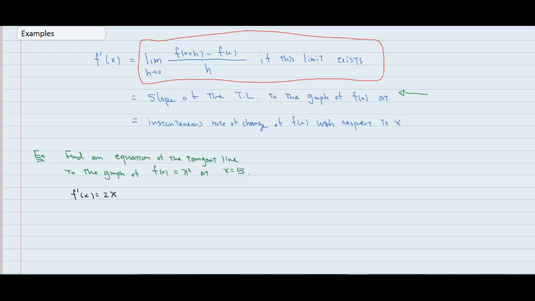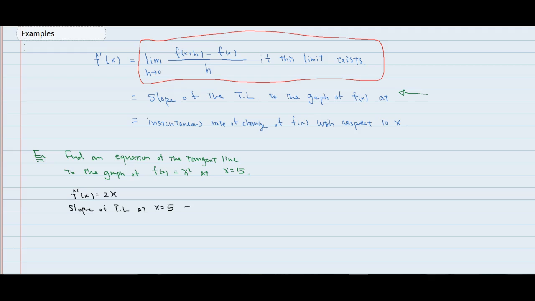This is something you would actually have to go through the computation for, but suppose you already went through that and you know this. Knowing that f prime of x provides the slope of the tangent line at any value of x, all I need to do is find the slope of the tangent line at x equal to 5.